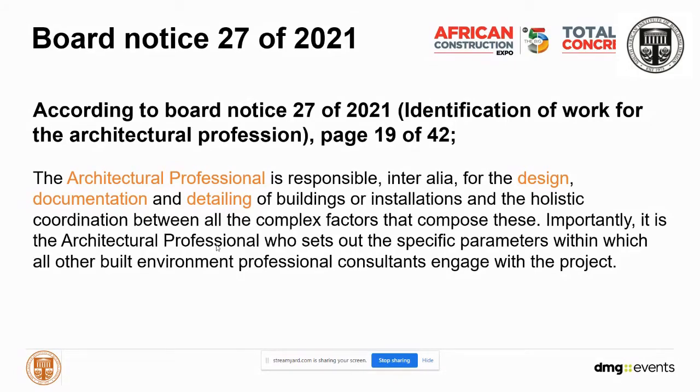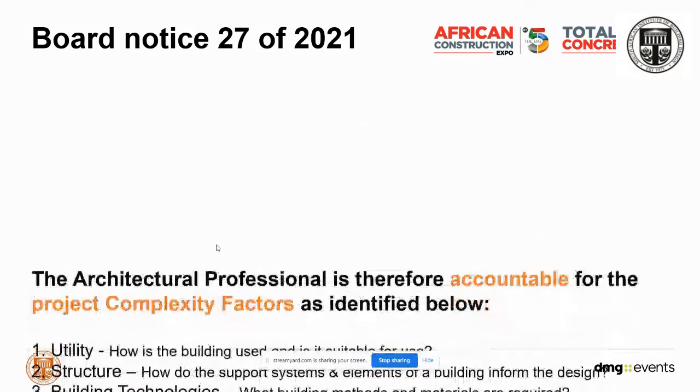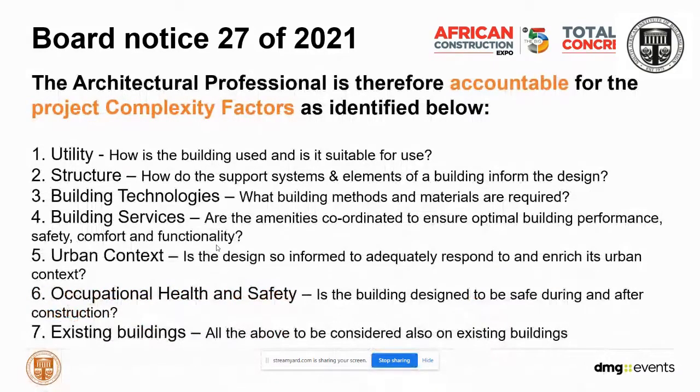So the architectural professional is therefore accountable. They have a responsibility, and that responsibility is that we should do our job with skill, which means that we are responsible or accountable for the project complexity factors in buildings or in our designs, which SACAP then outlines.